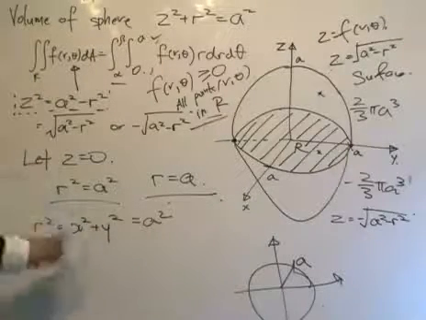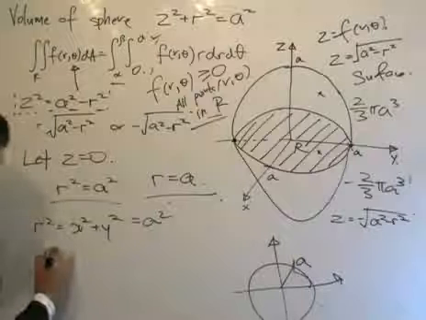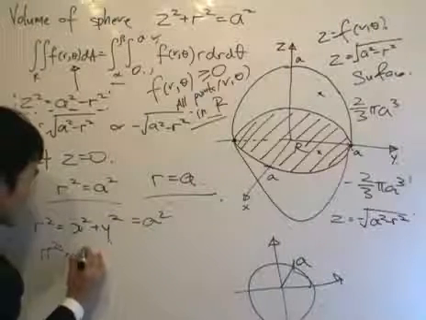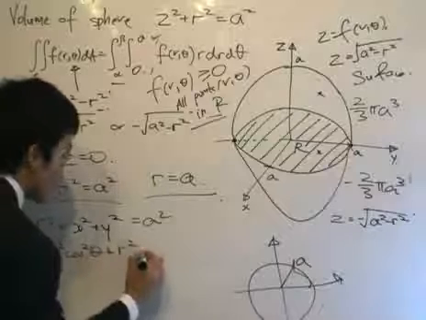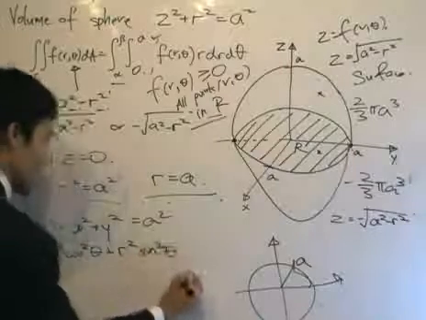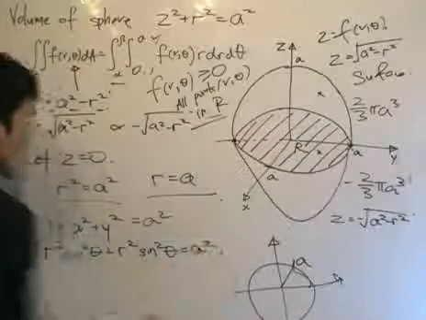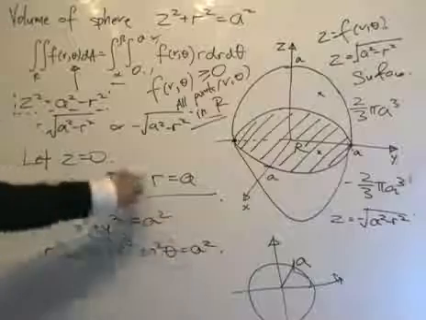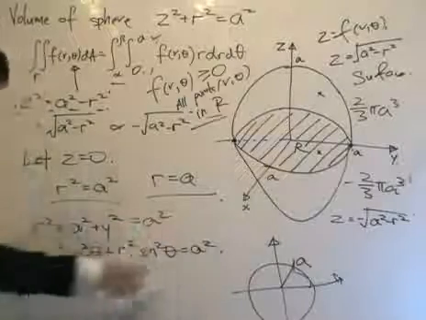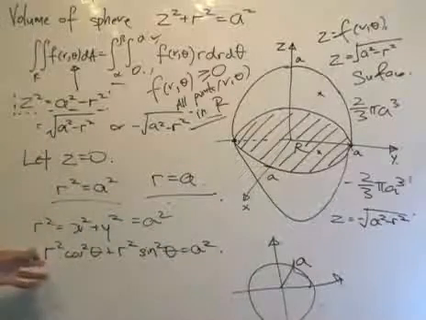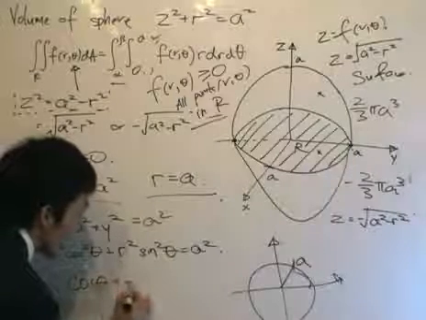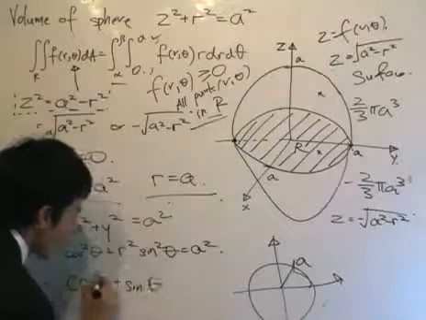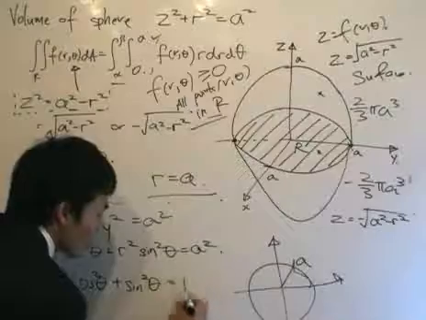Now this is going to be r squared cosine squared theta plus r squared sine squared theta, equal to a squared. What do we know about a? r is always equal to a, so basically we can change this to a squared, and then we cancel that out. What we have is cosine squared theta plus sine squared theta equals 1.